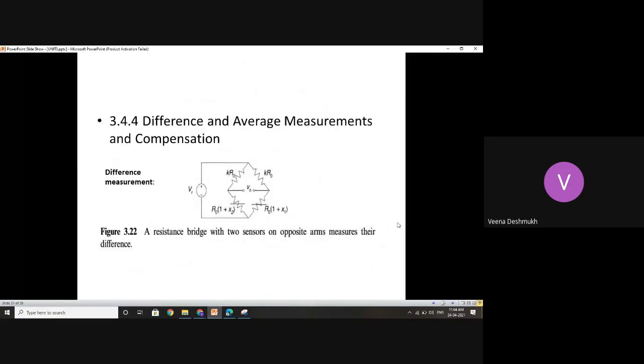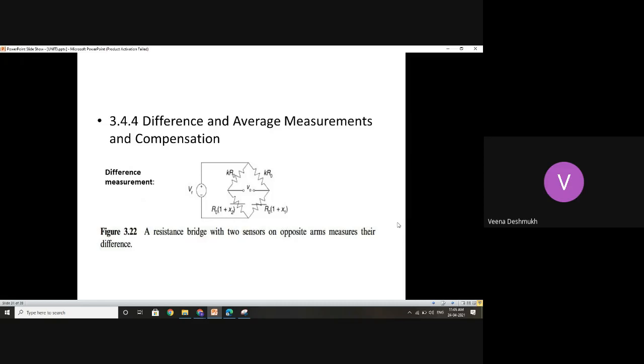In the previous class, we saw how exactly the bridges can be used to condition the signals coming from different resistive type of sensors, where the variation in the resistance can be used for sensing different parameters.